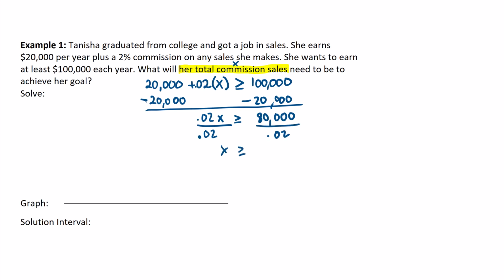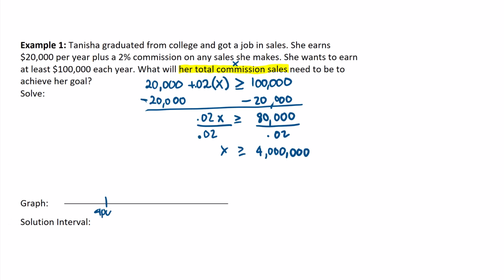So if we divide that 80,000 by 0.02, we get 4 million. So she will need to sell $4 million or more of product to earn a commission of 80,000 and make at least $100,000 a year.